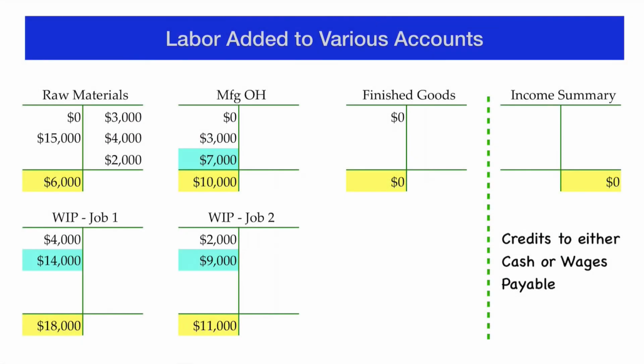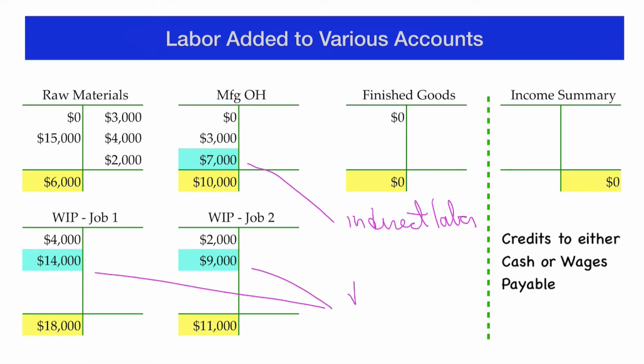Let's add labor. And we have indirect labor, so this of $7,000. So this would be indirect labor. And over here we actually have direct labor.